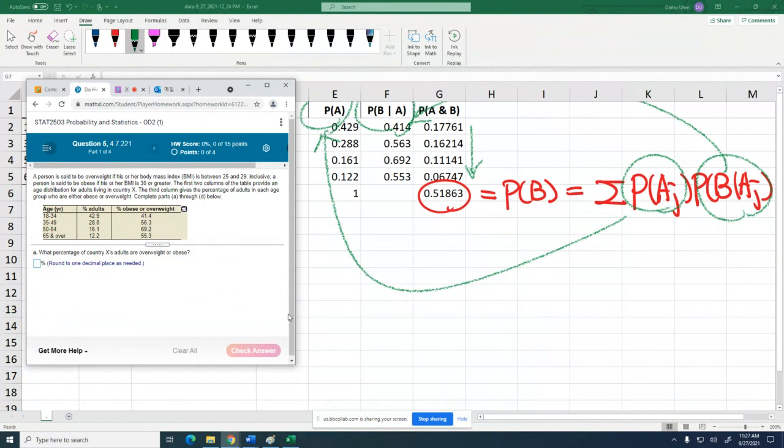We need just the probability of B. By the rule of the total probability, part A asks us what is the probability of B. How much was it? 0.51863. Oh, be careful. Percentages. 51.863%. How many decimals? One decimal.